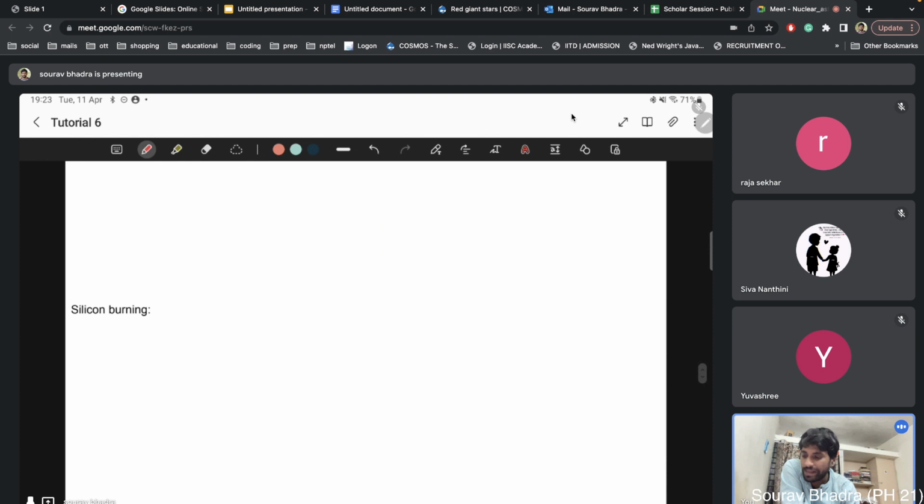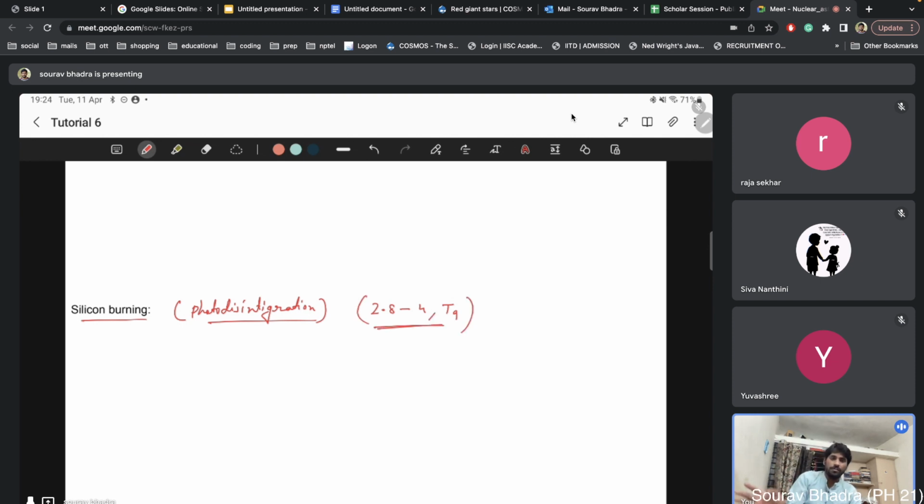So this silicon will again burn, and this silicon burning is also through photo disintegration. So neon and silicon burning happens through the photo disintegration part. Okay, and it happens at 2.8 to 4.9. So the temperature is increasing. This is the silicon burning, and higher elements will happen. From silicon up to iron can be produced, but beyond iron elements cannot be produced by this nuclear fusion, or what we are calling nuclear burning.